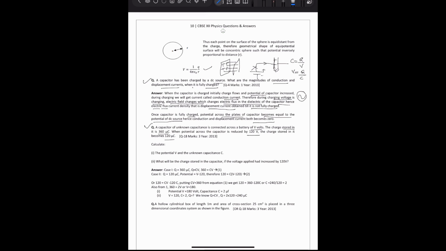So calculate the potential V and the unknown capacitance C. What will be the charge stored in the capacitor if the voltage applied had increased by 120 volt?